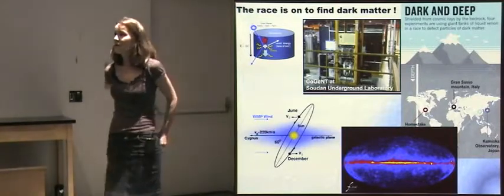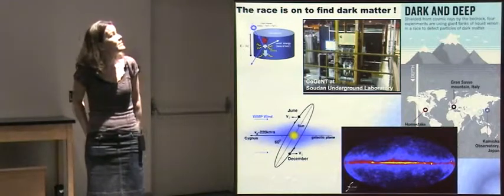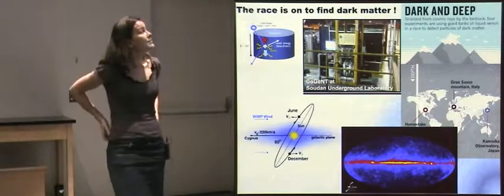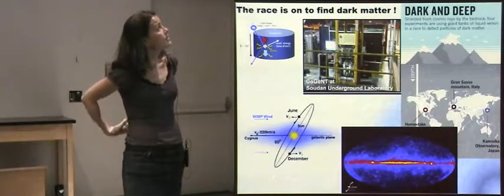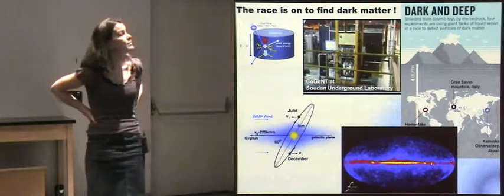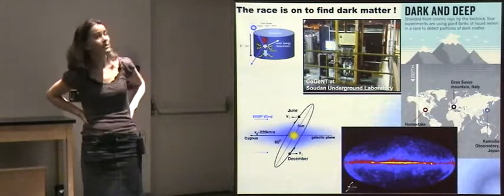One last question? Responding to that slide, the race is on to find dark matter. Is there anything else coming? Any big machines? Any huge observatories that you haven't mentioned yet? I know they're building new stuff at the South Pole.